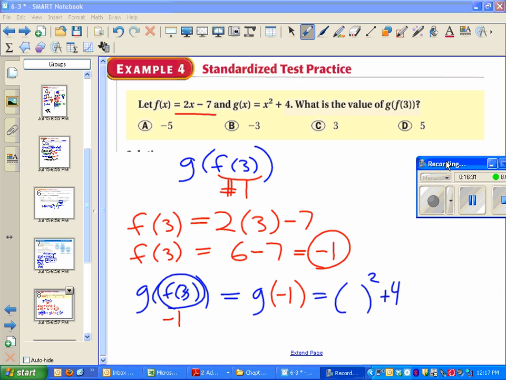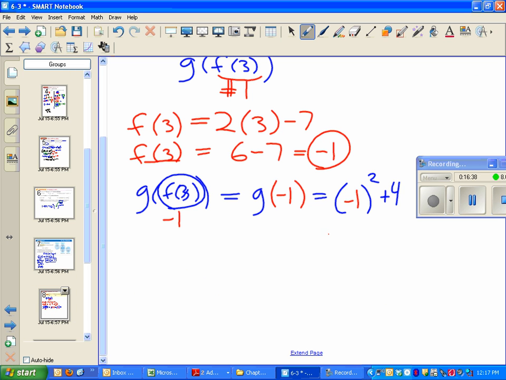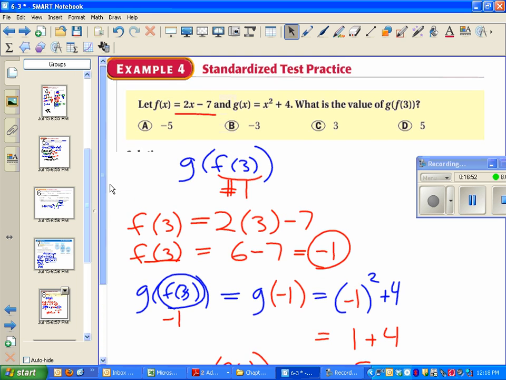And I'm going to plug in negative 1 because that's technically f of 3. I found it right here. And so this is going to be negative 1 squared is positive 1 plus 4 is 5. So altogether, g of f of 3 is equal to 5. Okay, and we'll practice that some more. But I look up here and I notice my answer is right here at D. So the answer is D.